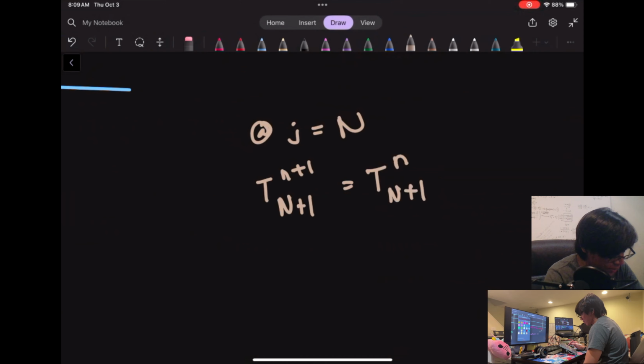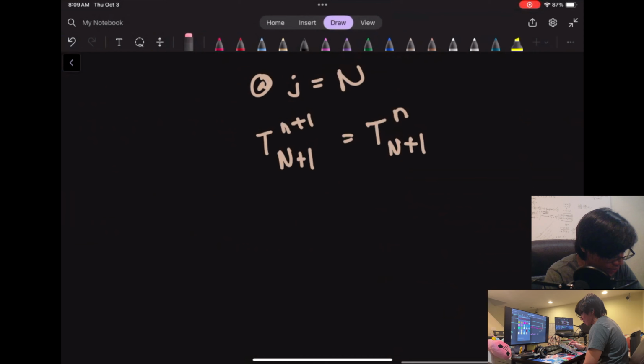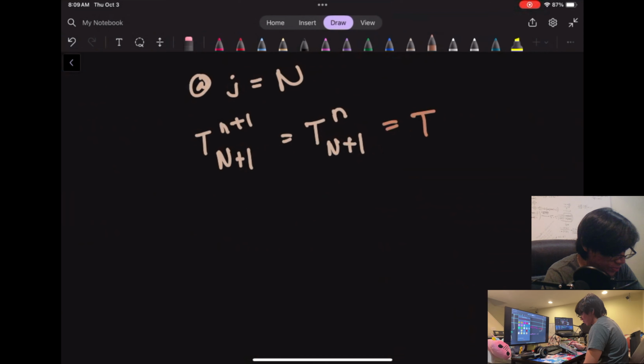Remember that n plus 1 is simply our known value. I believe we have 80 for the right-hand side, so n plus 1 is, I guess, 20. It'll be T20 since we have 20 indices for n.